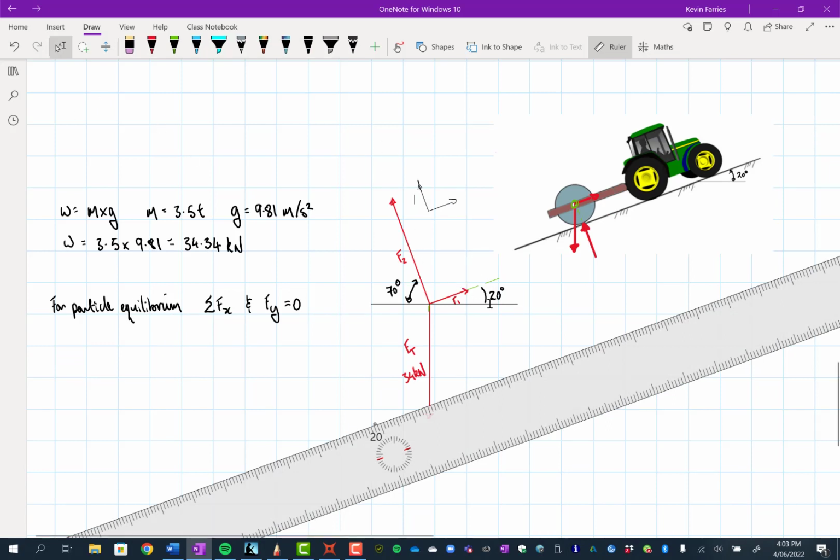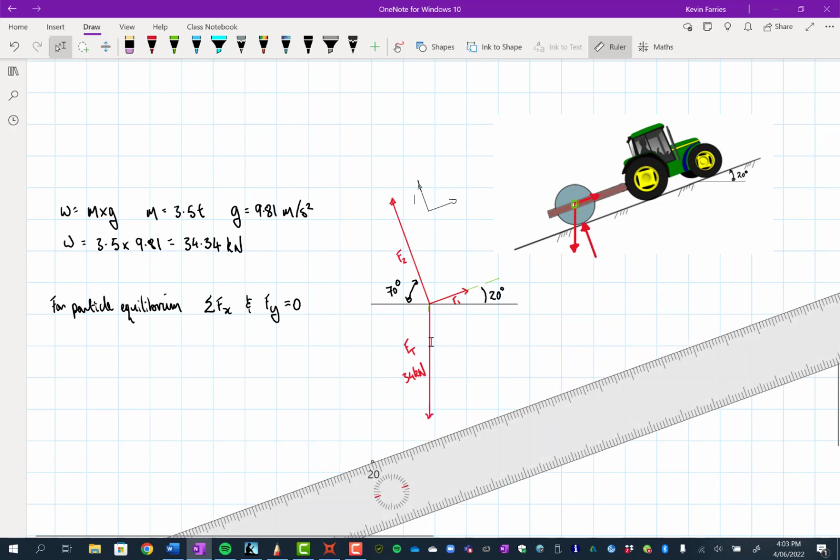Well, it means that this here is now aligned with our x-axis, so it's only got an x component. And this here is aligned with our y-axis, so it's only got a y component. So therefore, we're just going to have to figure out the x and y components of this force.